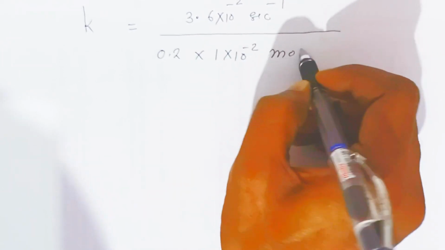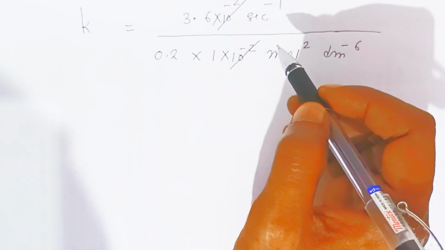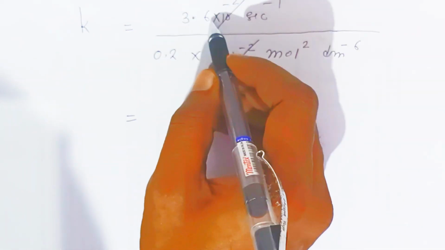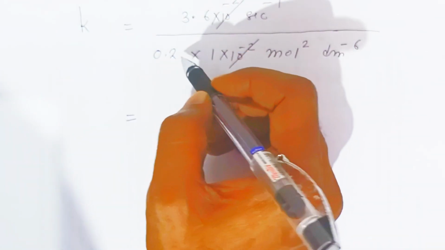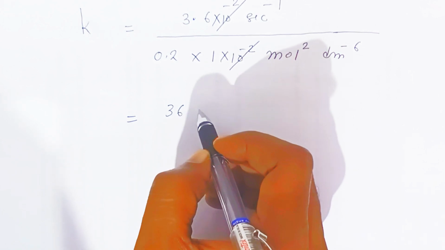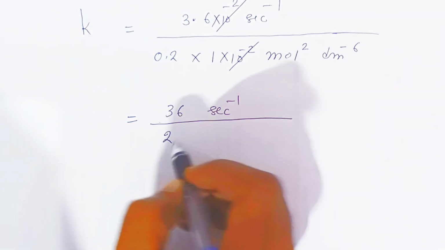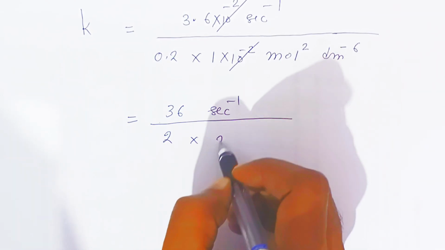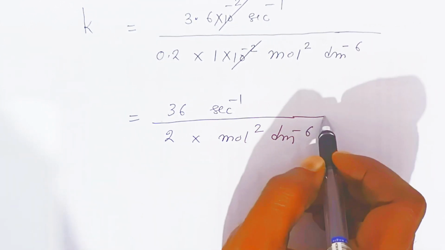So 3.6 into 10 raised to minus 2, and 0.01 can be written as 10 raised to minus 2, with mole square dm cube raised to minus 6. Now 10 raised to minus 2 cancels with 10 raised to minus 2. What is remaining is 3.6 divided by 0.2. If you multiply 10 in the numerator and 10 in the denominator, the decimal goes away, so it is 36 second inverse upon 2 into mole square dm cube raised to minus 6.